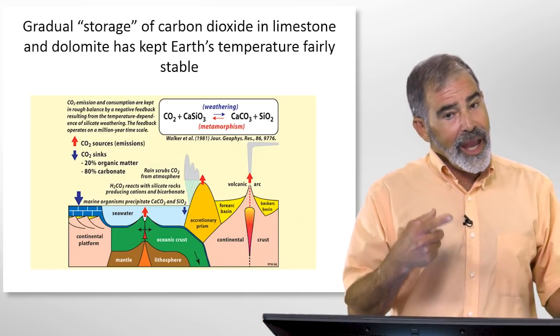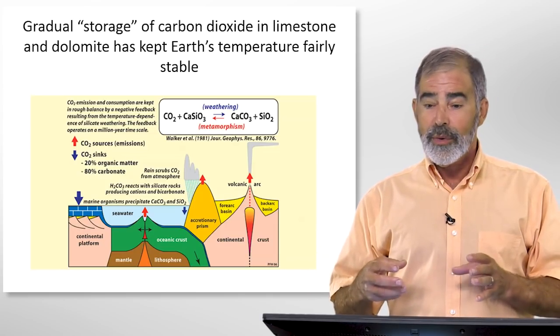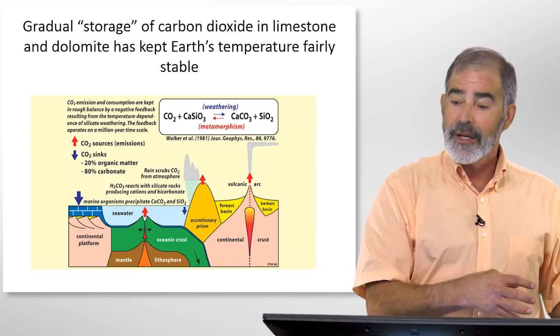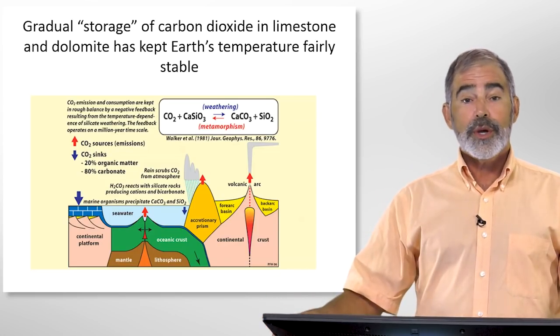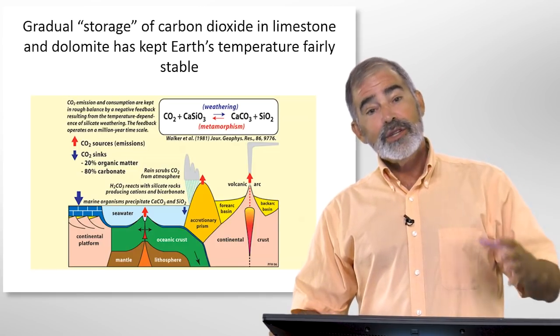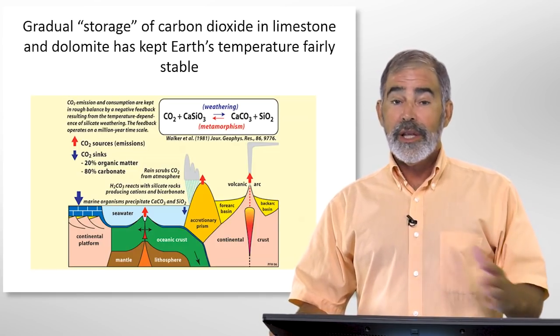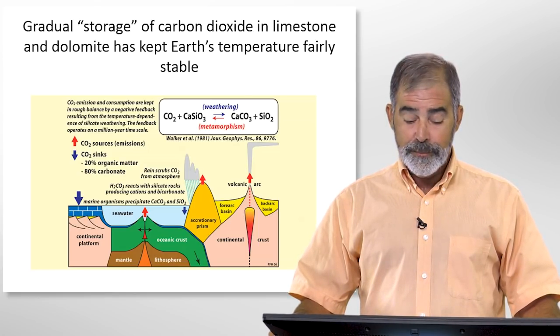The calcium released from the silicate minerals combines with the carbon dioxide in the form of CO3, and limestone is deposited. So the limestone, a major sedimentary rock, is really that stored carbon dioxide over a 4 billion year time frame.